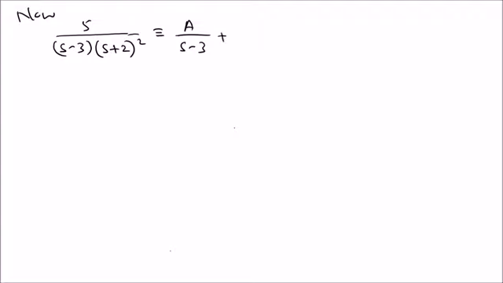It's 5 over s minus 3 times s plus 2 the whole thing squared, which is equal to A over s minus 3 plus B over s plus 2 plus C over s plus 2 squared.